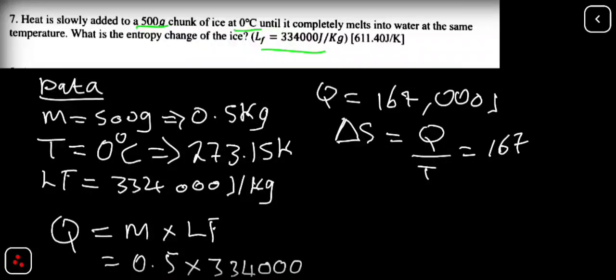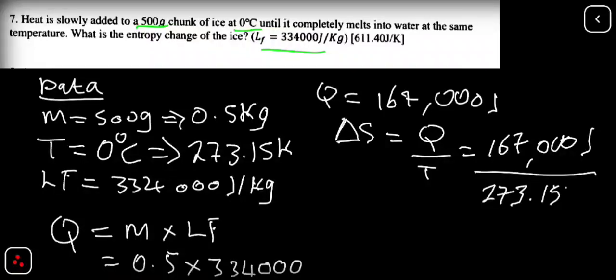167,000 joules over the temperature. We use the one we converted, which is 273.15 Kelvin.